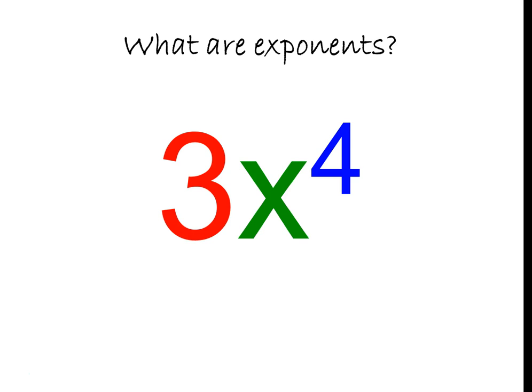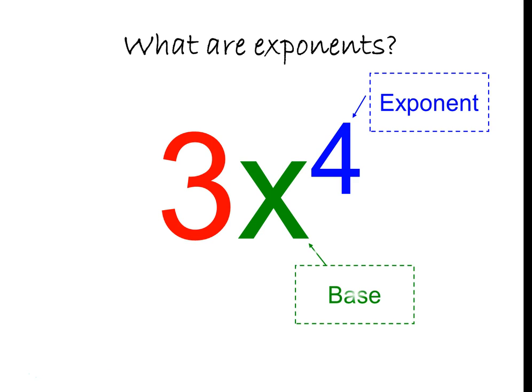So I want to ask you first, what is the exponent in this expression? The exponent is 4. What is the base in this expression? And the base is x. The definition of the base is anything that has an exponent. A base is anything that has an exponent.